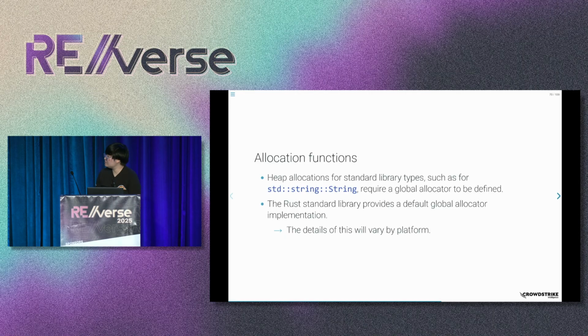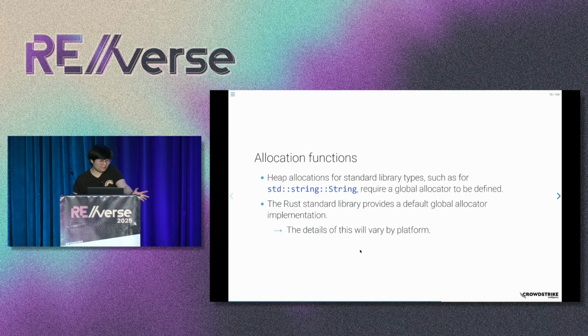So one thing that does help with this is that there is a global allocator that Rust programs use. If you're doing a heap allocation for any standard library type that lives on the heap or requires heap growth, you need this global allocator to be defined, and luckily the Rust standard library provides a default allocator implementation.